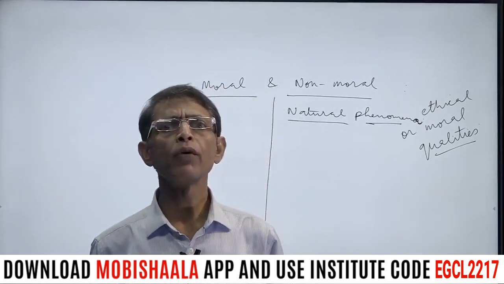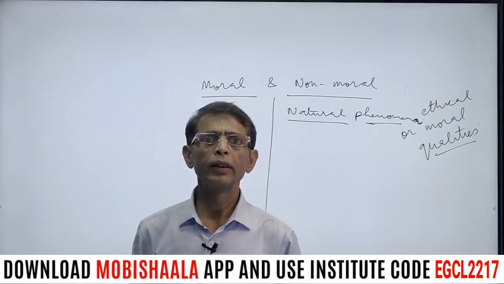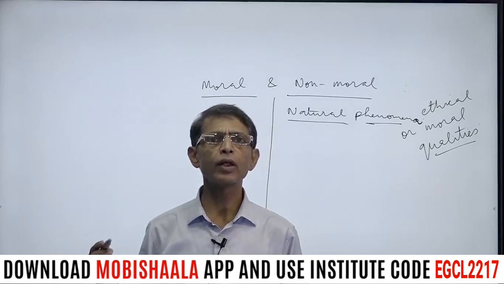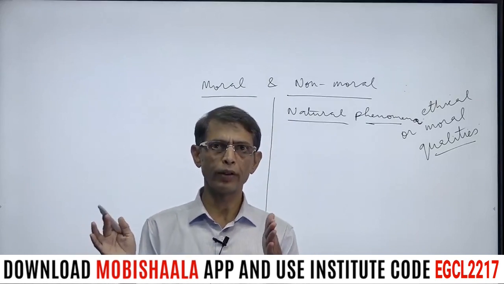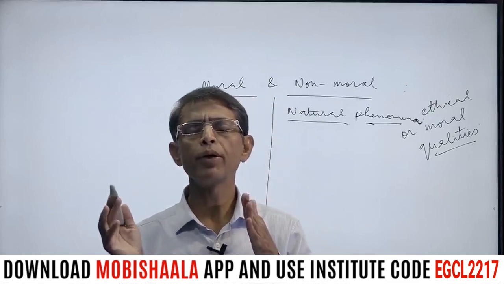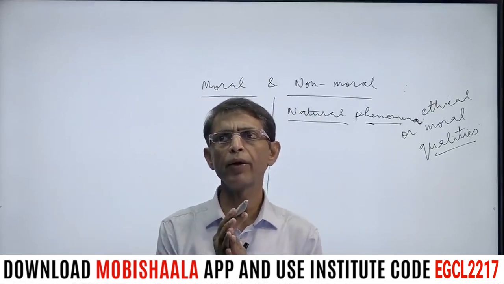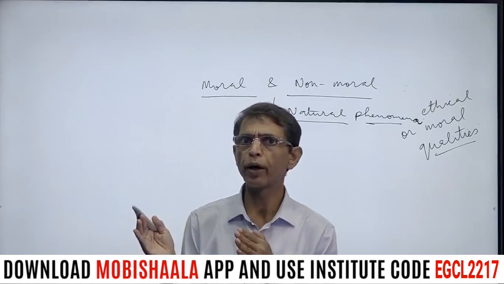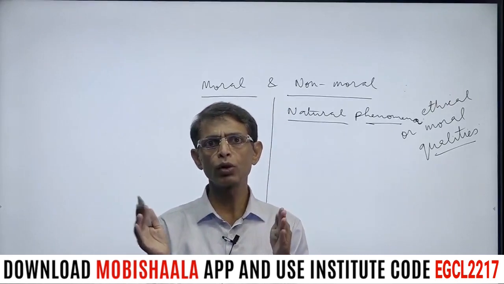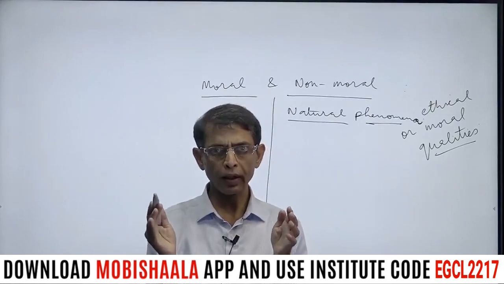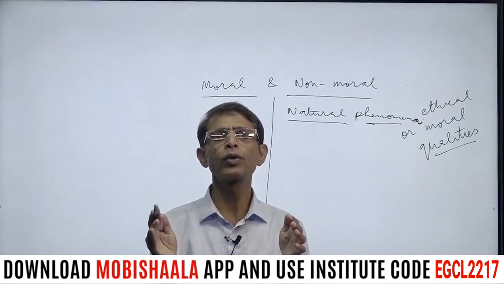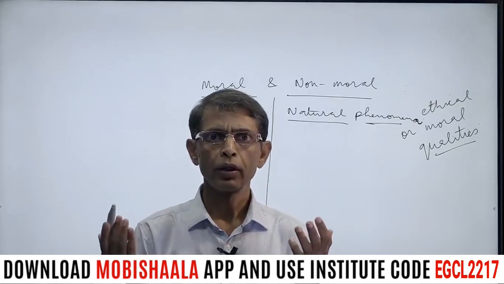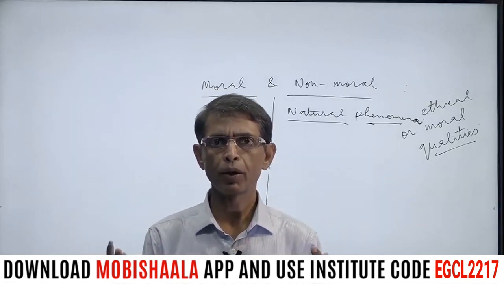Why non-moral phenomena? Because we cannot evaluate them. Later on, when we discuss Kant, we will discuss what is within the ambit of morality. Kant is the man who made a demarcation of morality, a distinction between moral and non-moral, and between the areas which can be studied in ethics and the subject matter which is beyond morality.